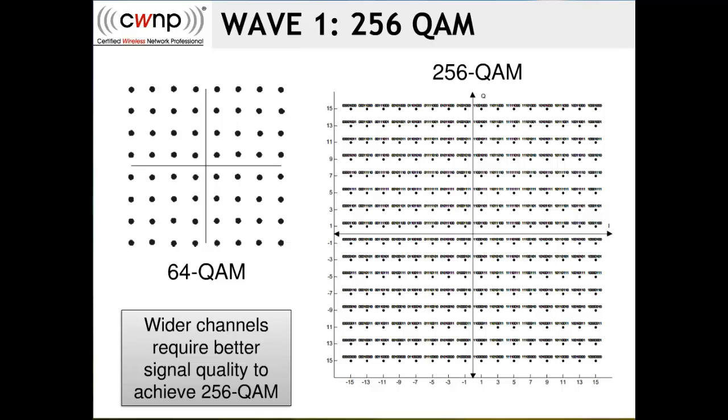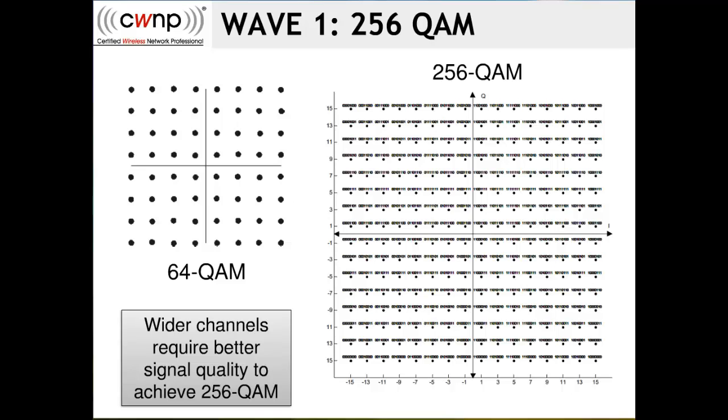When you look at this, the big thing to note, and the slide here doesn't represent it perfectly because I've got my 256 QAM image much larger than my 64 QAM image. It's probably better to have them both the exact same size, because then you can really see how much more separation there is between the 64 QAM constellation points and the 256 QAM constellation points.